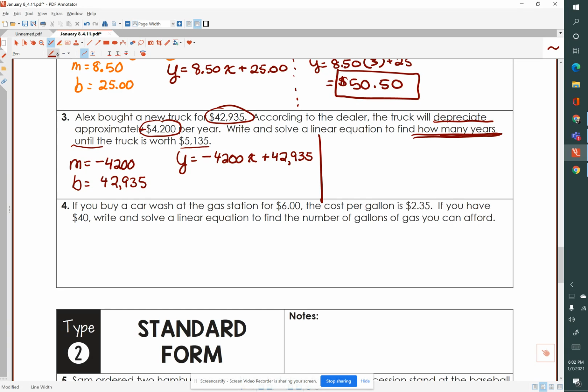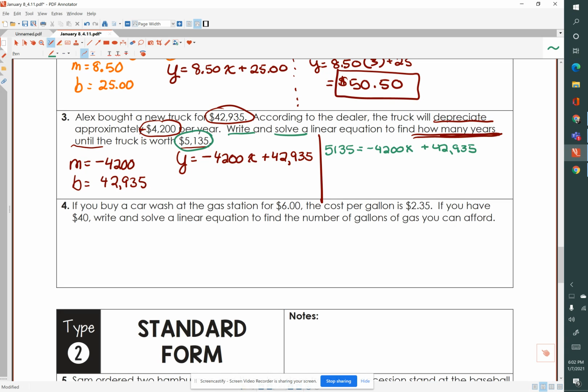Okay, let's solve this. So remember, these are two parts. We're asked to write, and then we're asked to solve. So we want to know about when the truck is worth $5,135. So that's going to be our y. So $5,135 equals negative 4,200x plus $42,935.